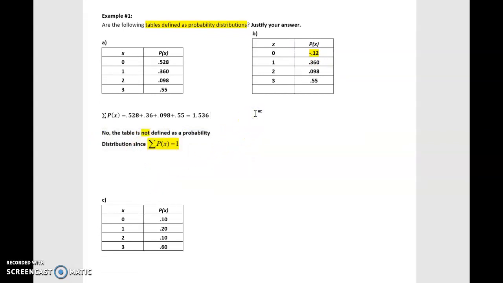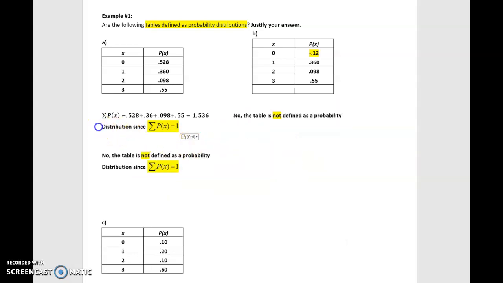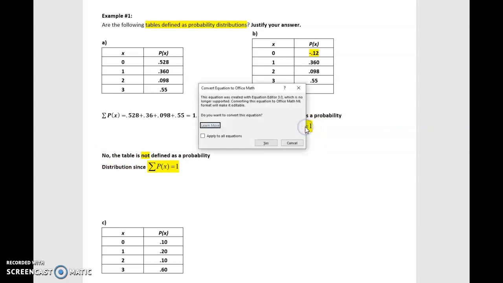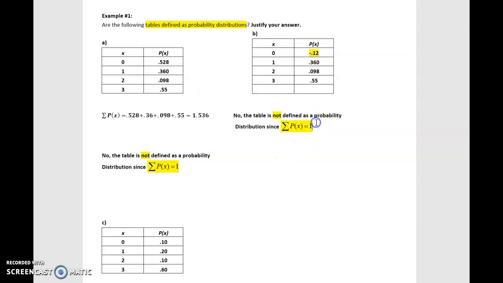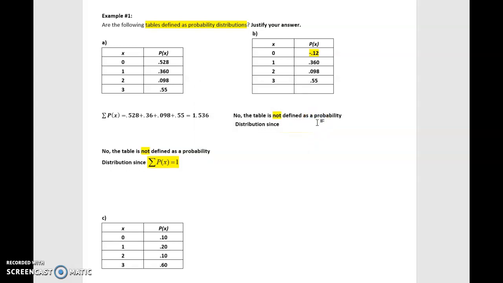And let me try to add it here. In this case, we're looking at the value of P of X equal to 0, which gives us a negative 0.112.